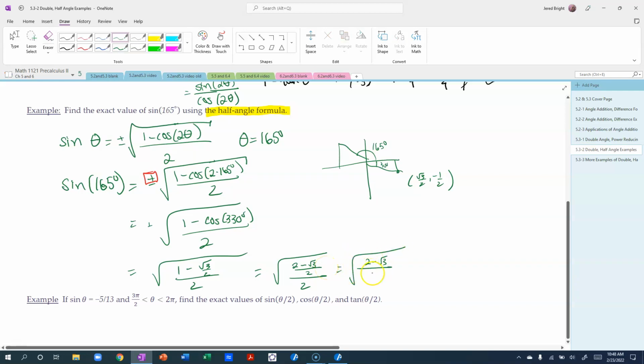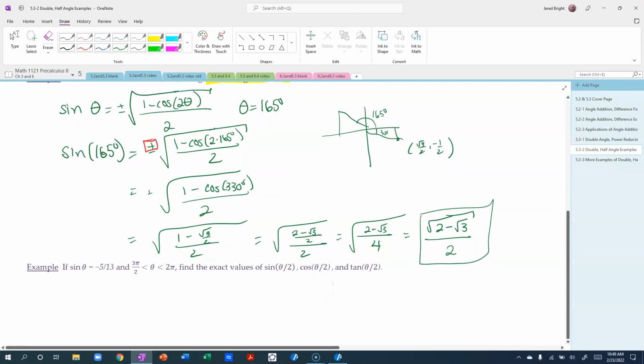So when I do the 2 divided by 2, I get a 4. So this is square root of 2 minus square root of 3 all over 4. Or all over 2, I'm sorry, because you would square root that. So all over 2 like that. So this would be what you'd have to use for Connect Math. All right, so just for your awareness.